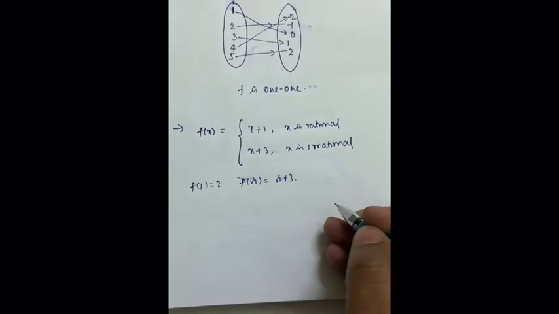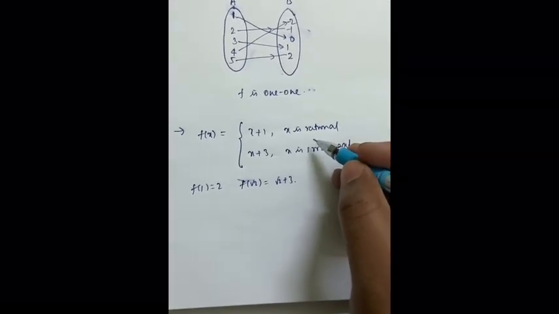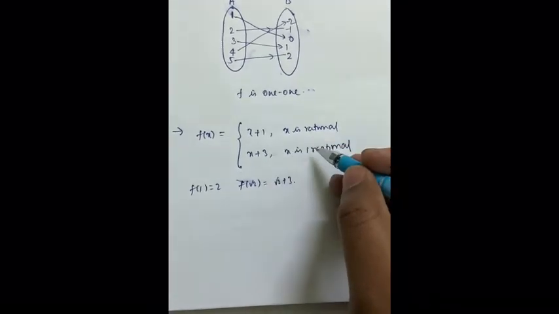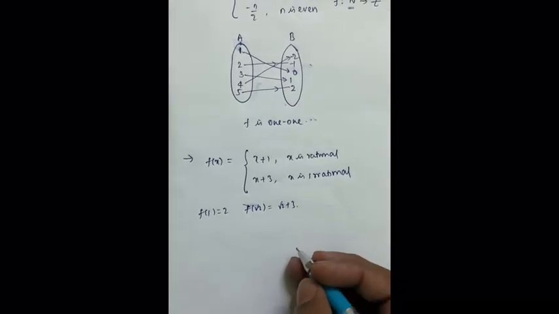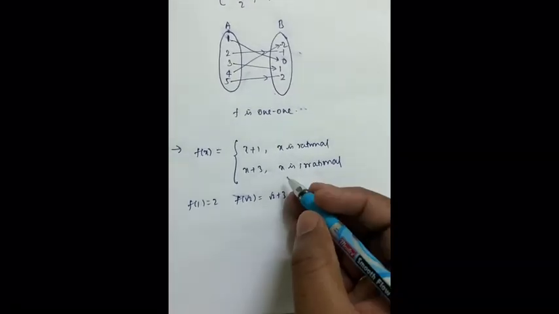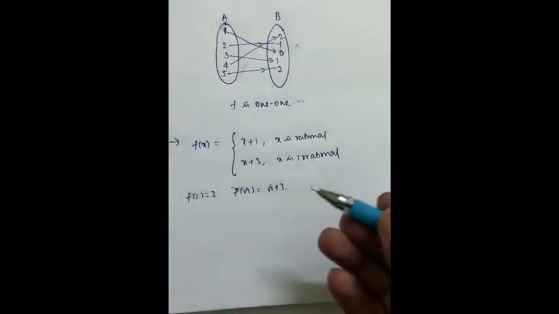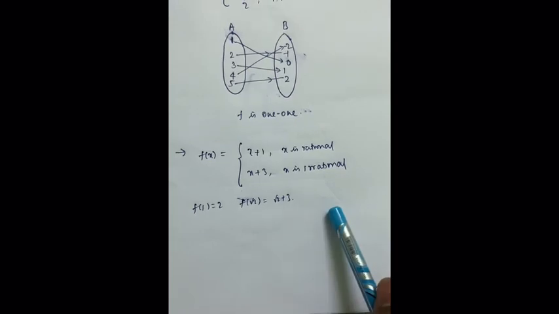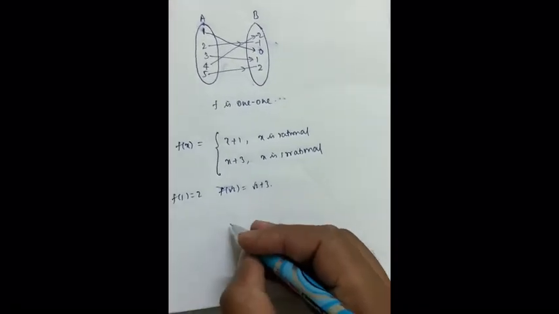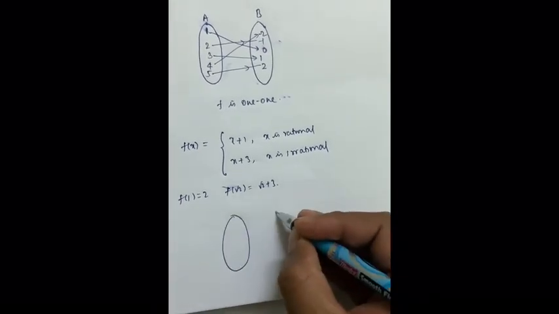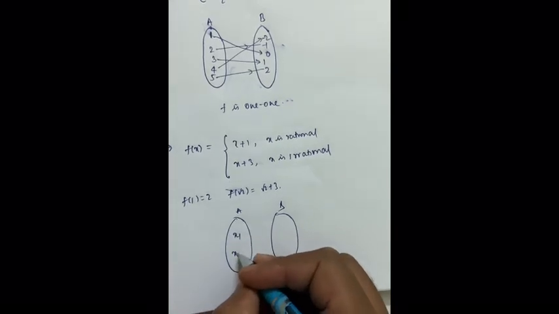We can't differentiate because the function is changing a lot. At rational it is one function, at irrational it is another function. Derivative is not defined for this kind of function definition where the domain is not continuous. So let us see how to approach. In the domain, let us say I have two elements x1 and x2.